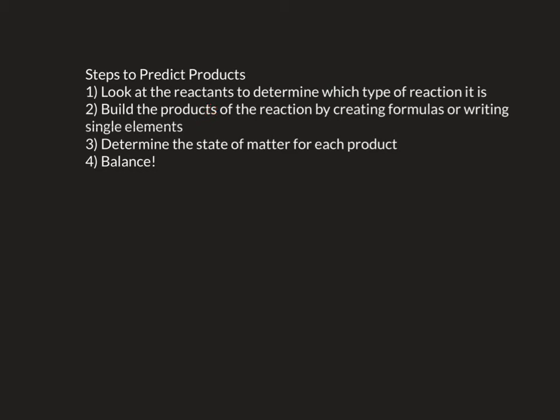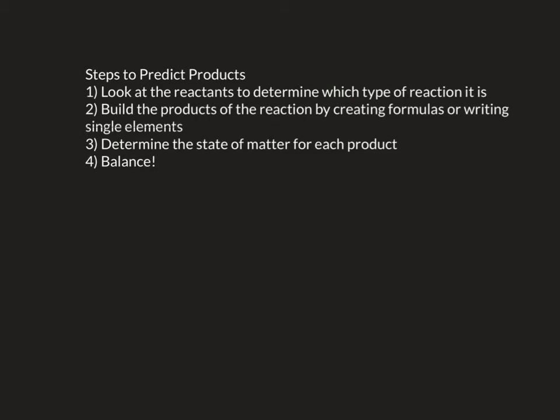After we've got everything in place and our products all written down, then we have to determine the state of matter for each product. This is something we haven't really had to do before, other than when we looked at solubility. But as we go through this section, it is important that you put the state of matter for every single thing in your reaction. A couple of quick hints for this.